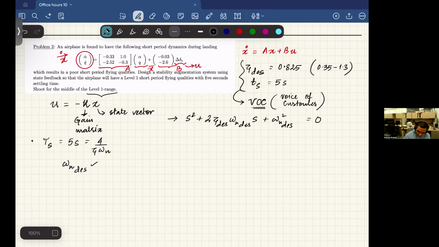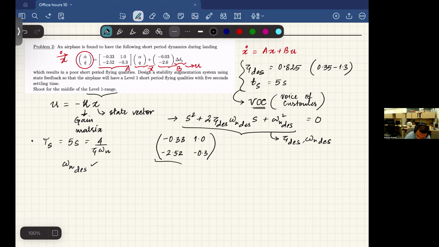But right now, what is the matrix I have? The matrix I have is negative 0.33, 1.0, negative 2.52, negative 0.3. Now, this equation is derived based on the zeta desired value and omega n desired value. Our airplane is not at this value right now.